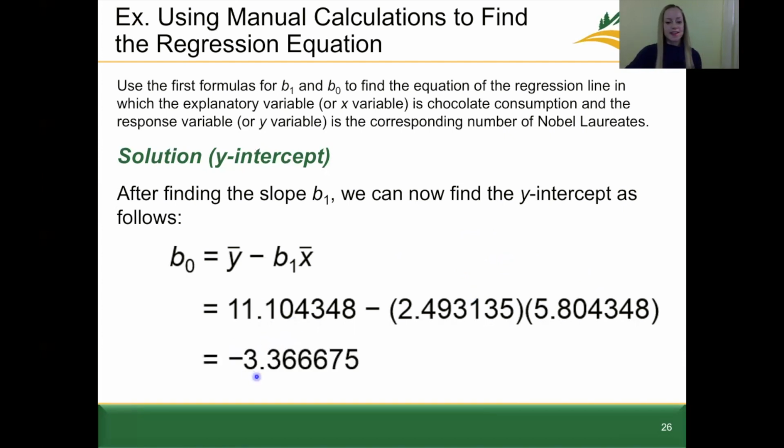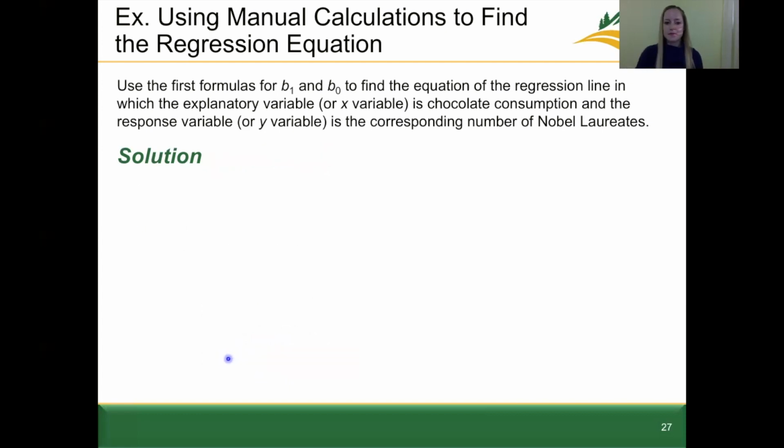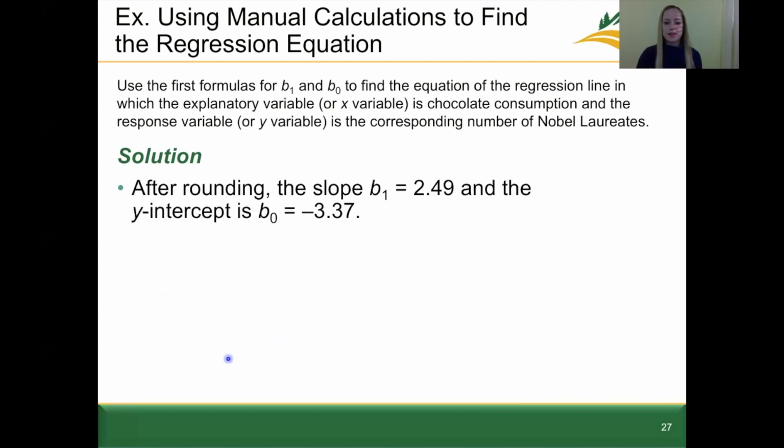We'll get this answer here of about negative 3.37. Then the last step here is to round to 3 sig figs. Remember, not 3 digits past the decimal place, but just 3 sig figs in general. That then makes our slope B1 2.49 and our y-intercept B naught negative 3.37.